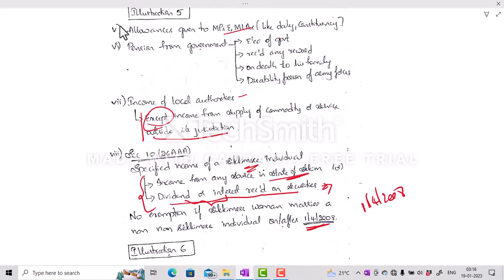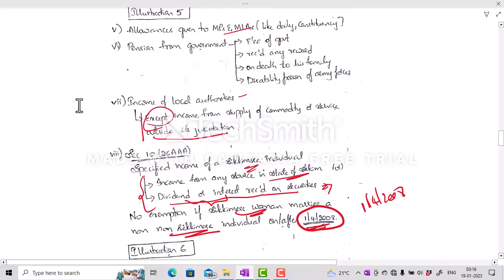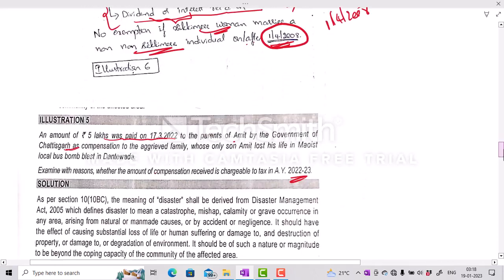Still, the exemption is available. Exemption will not be available only if a Sikkimese woman marries a non-Sikkimese individual on or after 1/4/2008. So we have an illustration for this section. We will discuss that first.